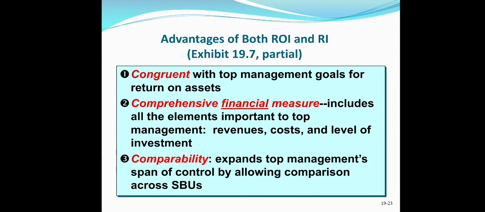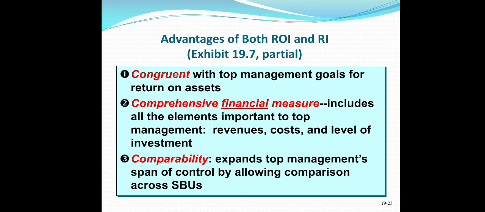If you use both ROI and RI methods to evaluate performance or to evaluate investment, then you can say that you have used a comprehensive financial measure, because when you use the methods, you have considered the revenues, costs, and level of investment. Number 3, comparability expense top management span of control by allowing comparison across single business units.